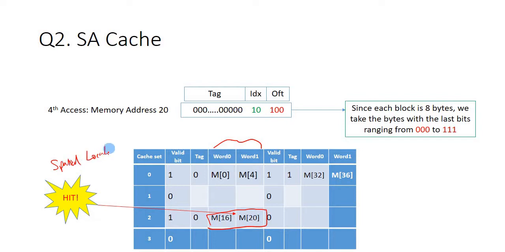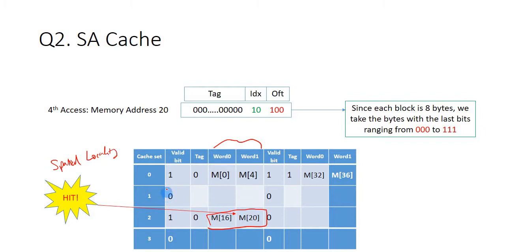By increasing the number of words per cache line, I'm able to increase my spatial locality hits. That is why when I fetch 16, I also fetch the word starting at 20, so the next time I accessed 20, there was a hit.